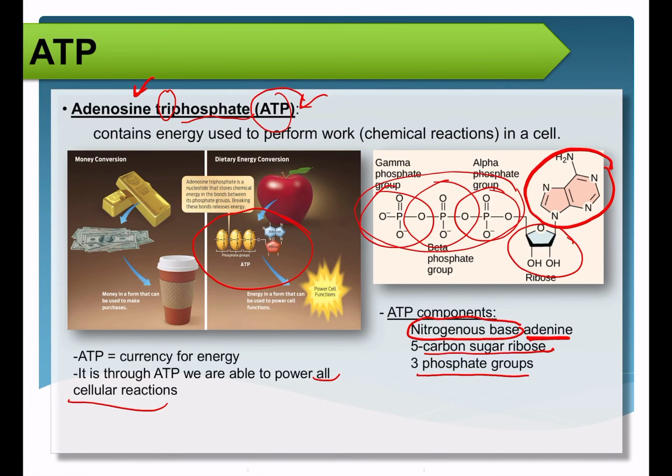Okay, 3 phosphate groups make up ATP. Okay, so it is those bonds right here that store a lot of energy, and that is why ATP can serve as a high energy molecule that can provide energy for many of our cellular processes.